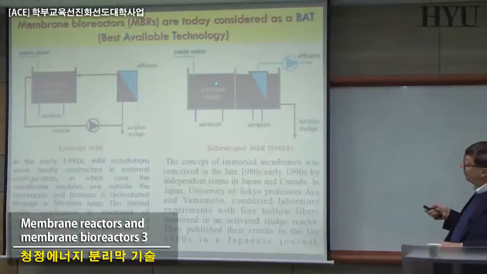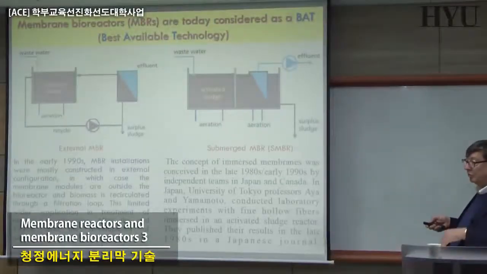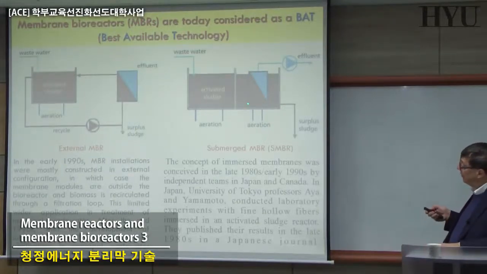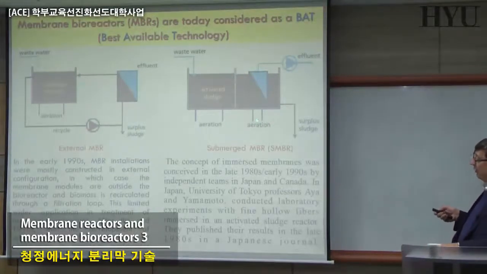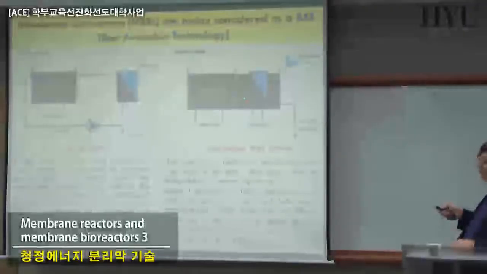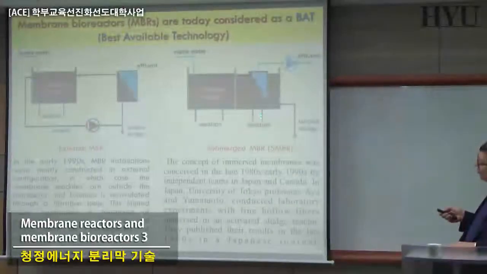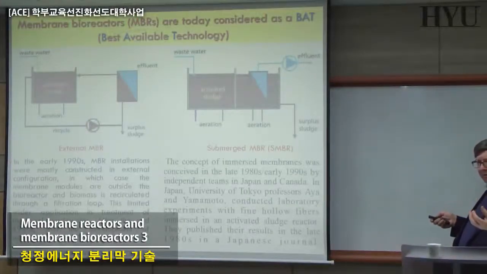And the fact that this is immersed here is a way to minimize easily the fouling problem. This aeration here means that there is a double phase. One of the ways to control fouling, which we mentioned when studying the fouling problem, is to inject micro bubbles of air on the membrane surface.